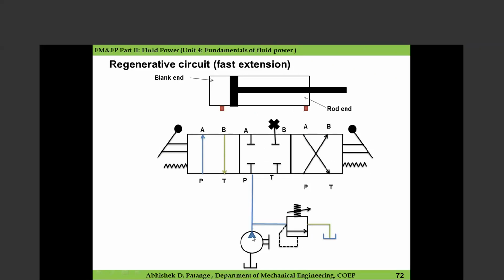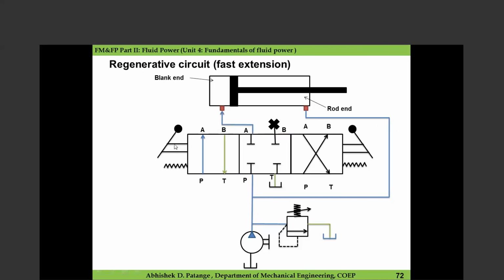The outlet of the pump is divided into two lines. One is connected to P and another one is connected to the rod end by using this bypass line. Port T is connected to the tank and A is connected to the blank end.